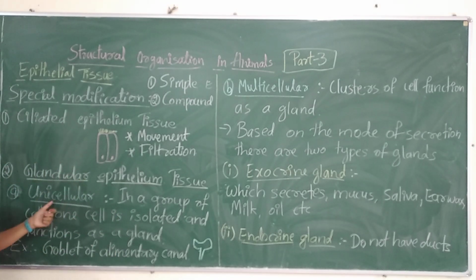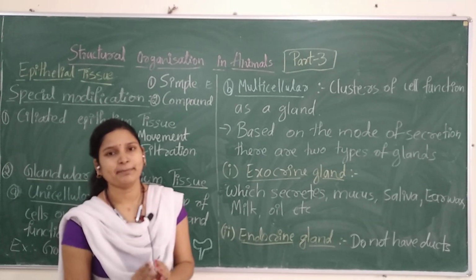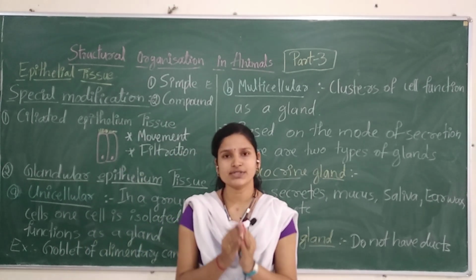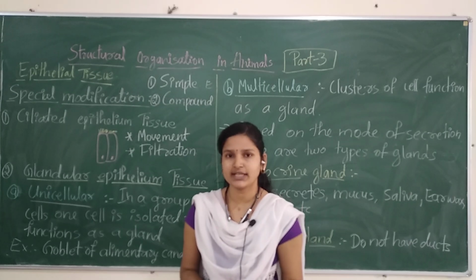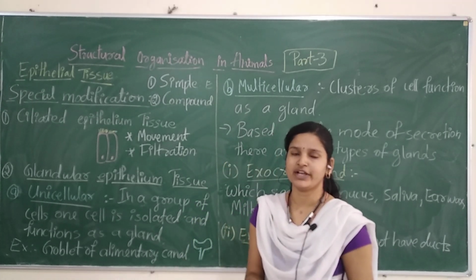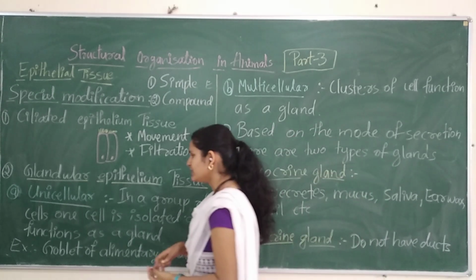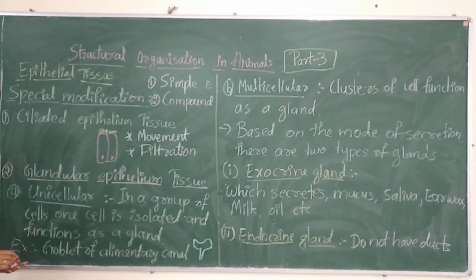In that we can see the unicellular type. There will be a group of cells which we call epithelial tissue. In that only one cell will get modified and perform a certain function.